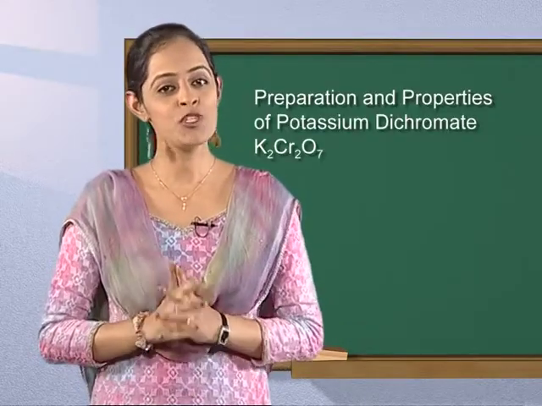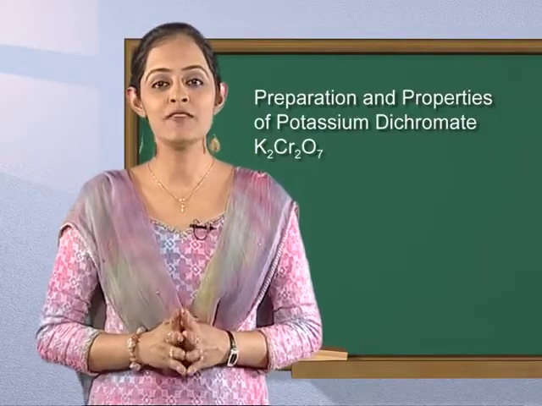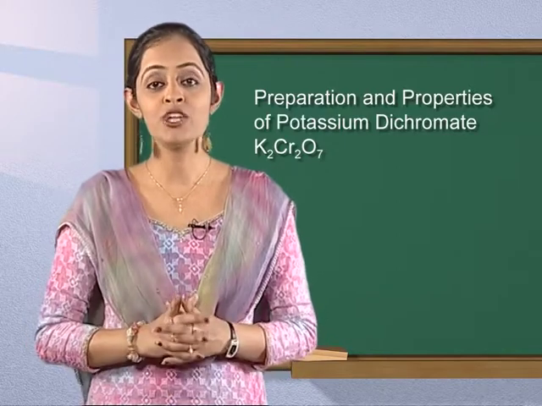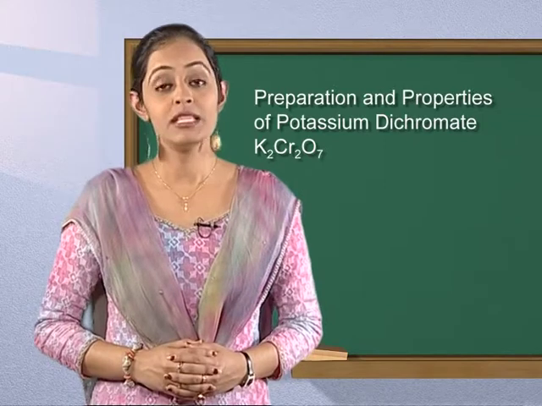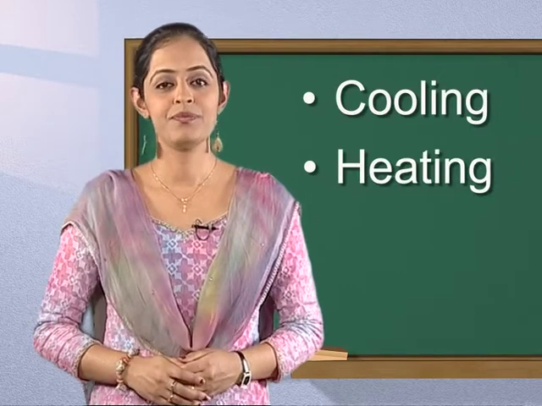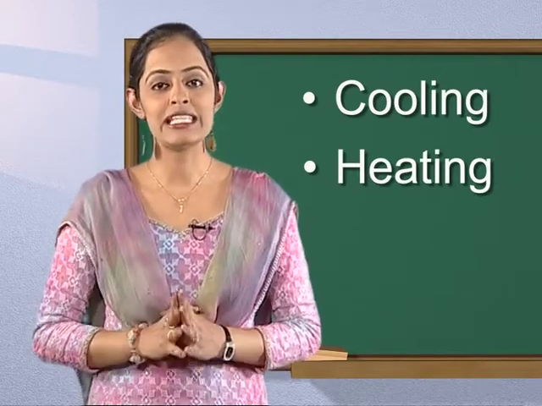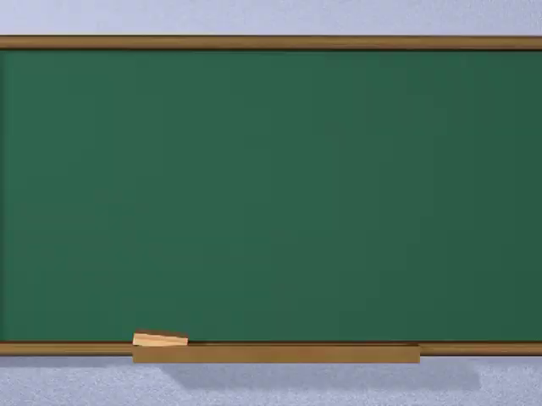Students, you must know that for the action of sulfuric acid on potassium dichromate, some conditions are required. These conditions are cooling and heating. Now, let us discuss these conditions one by one.